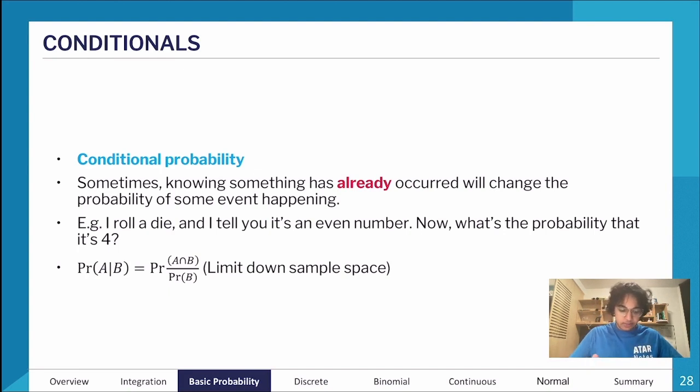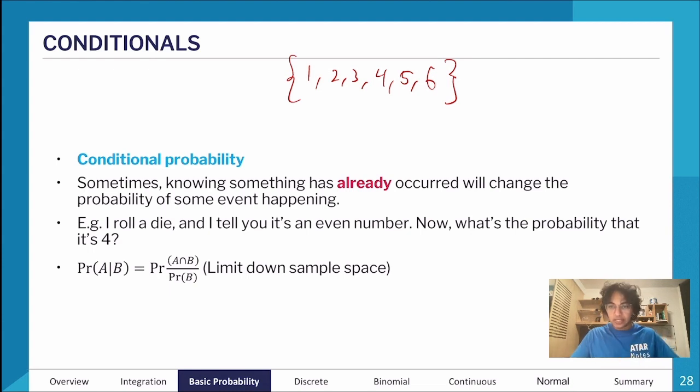So for example, in this example here, you're going to roll a die and I tell you it's an even number. So what's the probability that it's a 4? Well, let's say it's a 6-sided die. The sample space of this die is 1, 2, 3, 4, 5, and 6, so that's the sample space of all the possible numbers.